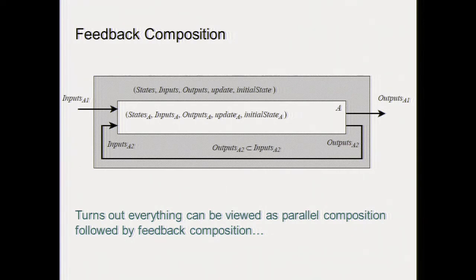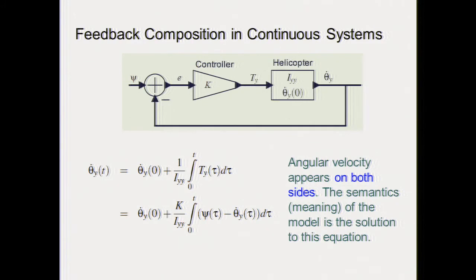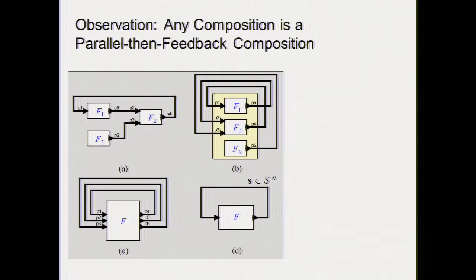Okay, so let's analyze this. Now, interesting point is that no matter how complicated your stuff is, you can always aggregate things in such a way that it is a function f together with a feedback loop. Yes? What's the dot?